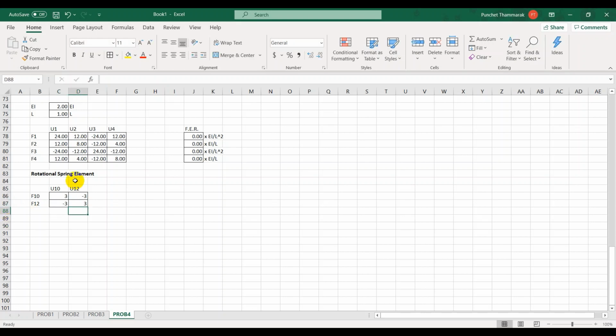I guess I used to explain about this already, why it looks like this. So left end of the beam, if it rotates, then you're gonna need the moment of which the magnitude equals to 3, whereas the right side of the hinge is going to resist, of which the moment resistance is equal to minus 3.